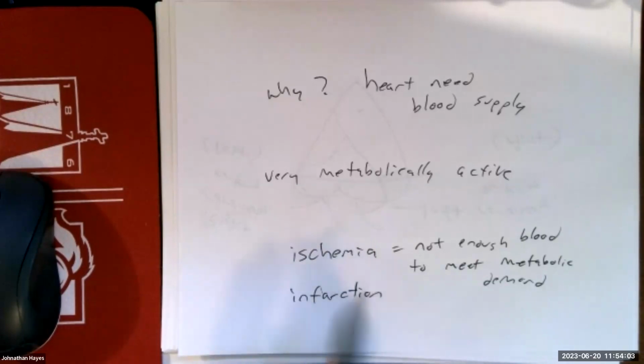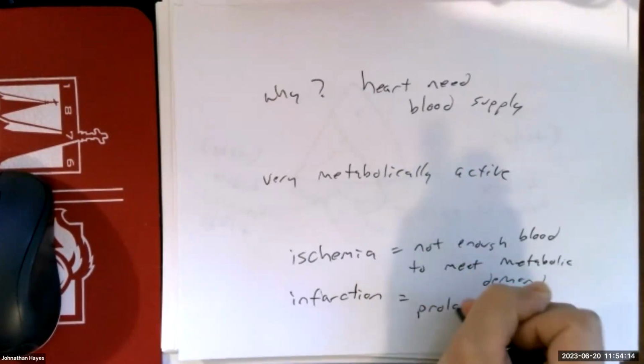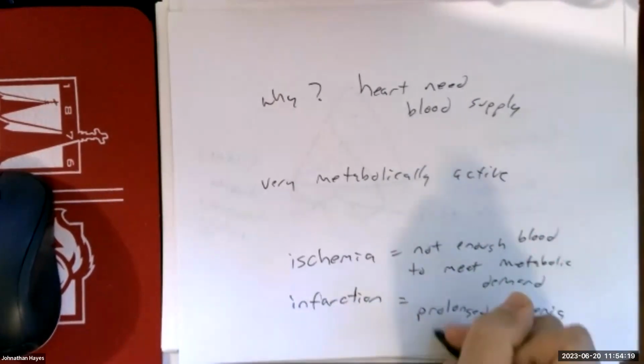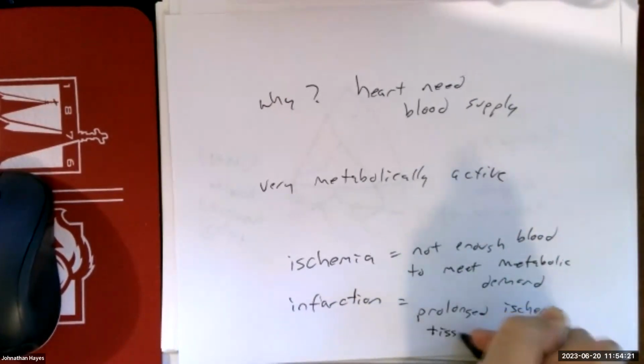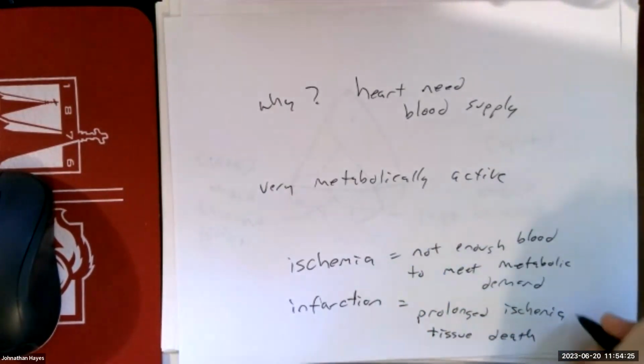And if the blood flow doesn't return back to normal soon, right, or we can't get more blood there soon, then that could lead to an infarction, because an infarction is the same thing. It's just prolonged ischemia and tissue death occurred. Right?